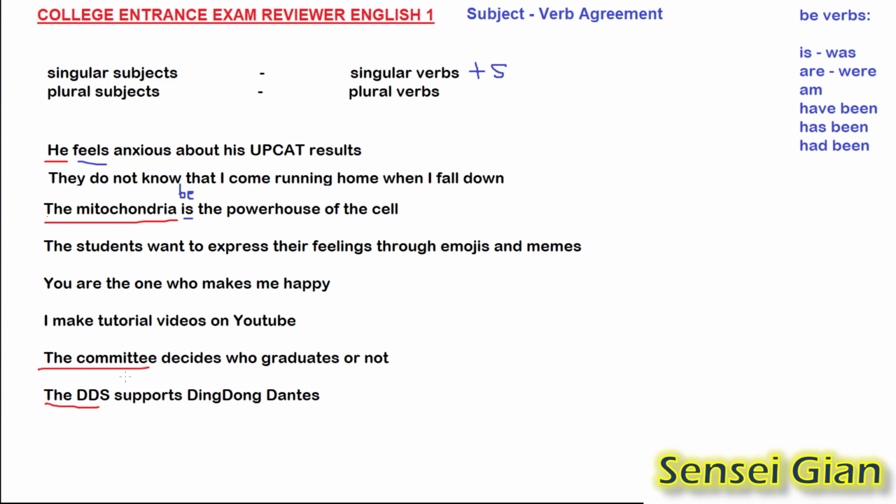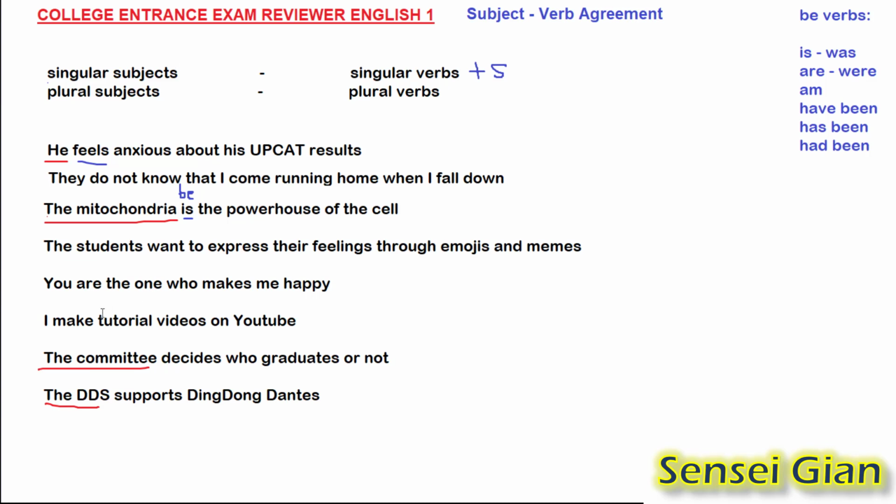Going back to this sentence: the committee decides. You can see that the verb actually has an s, meaning it's a singular verb. So if you have a singular subject, meaning it only counts as one, it has a singular verb, meaning the verb must be added with s.